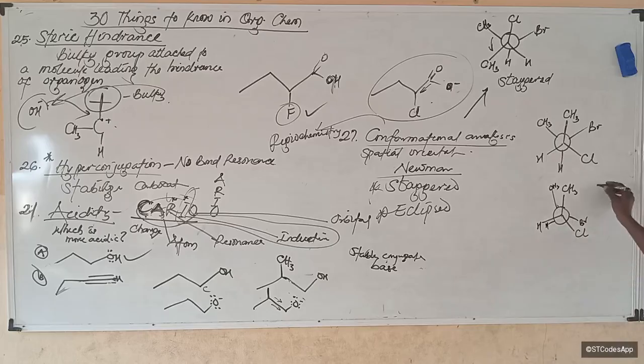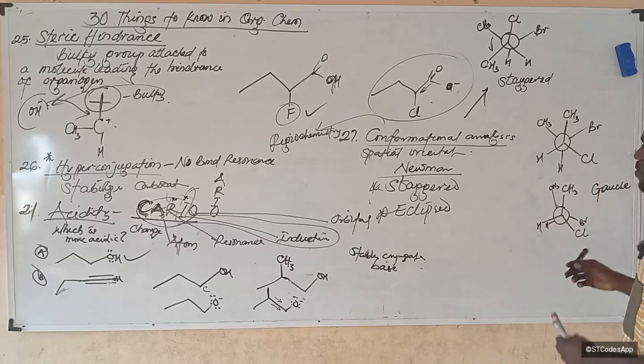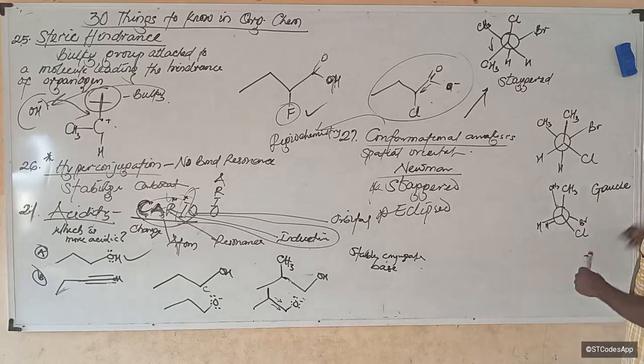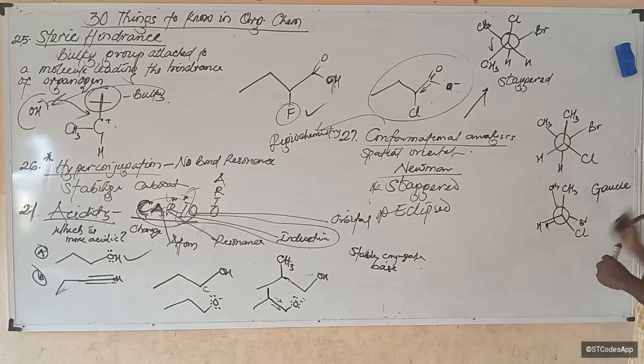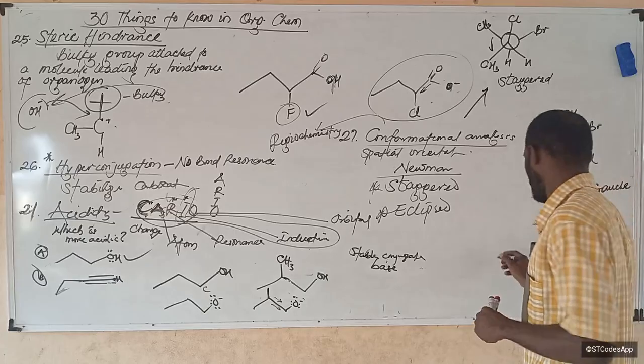Now this one is called gauche conformation. Gauche is a type of staggered, or in between staggered and eclipsed, only that it is not fully eclipsed.